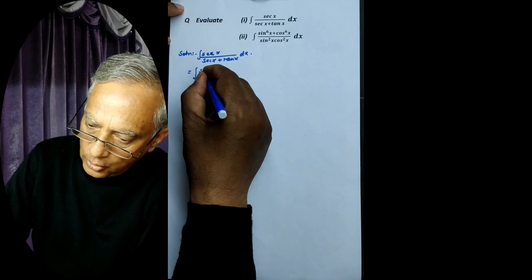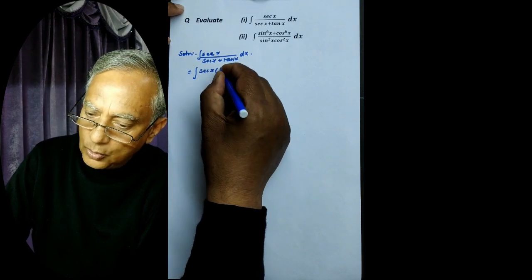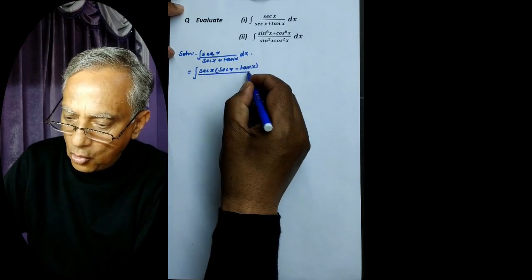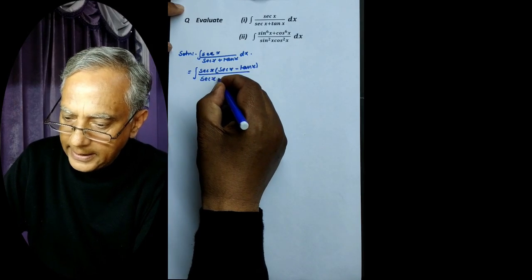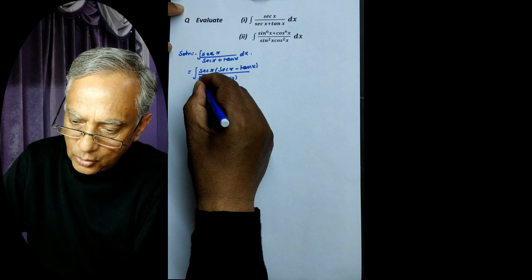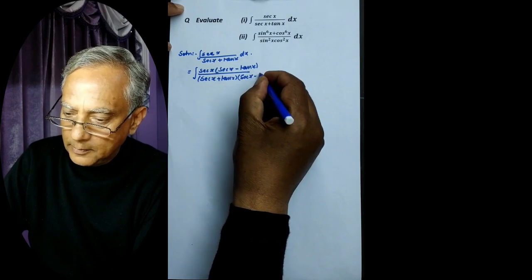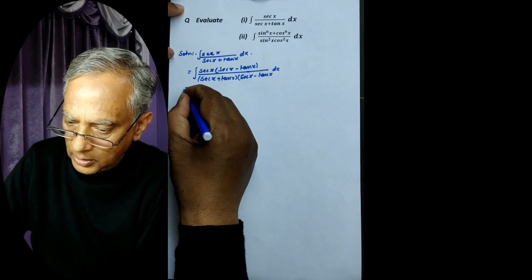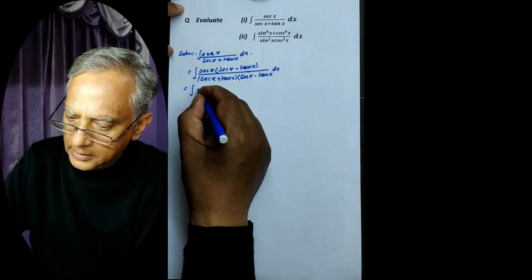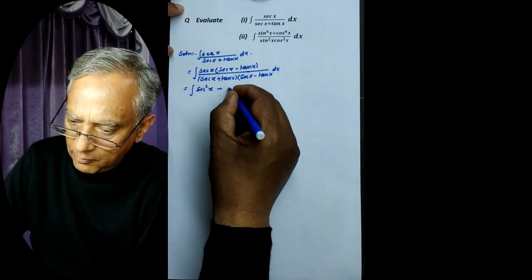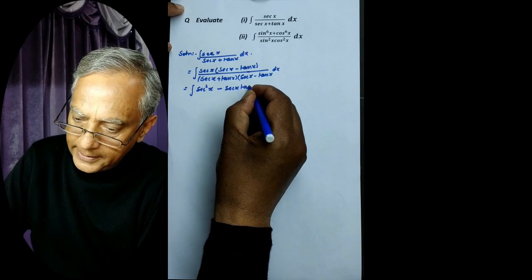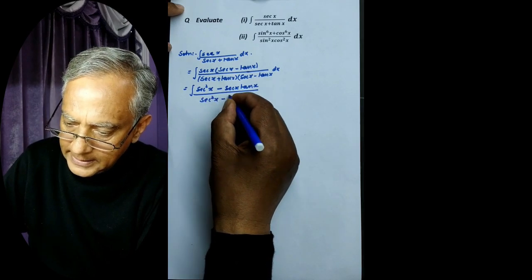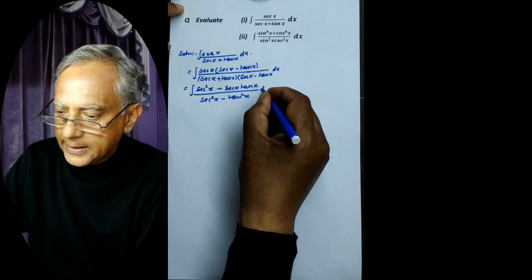So what we do is secant x into secant x minus tangent x whole divided by secant x plus tangent x into secant x minus tangent x, and this is equal to integral, this will be secant square x minus secant x tangent x whole divided by secant square x minus tangent square x dx.